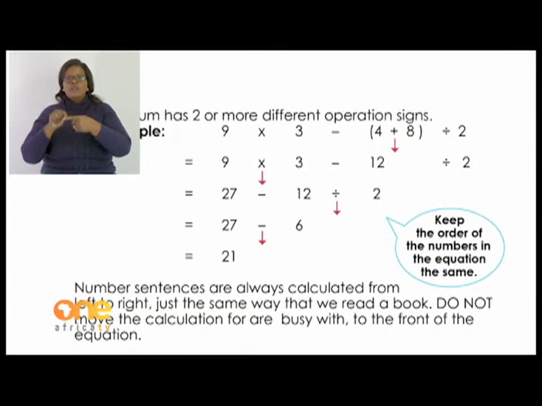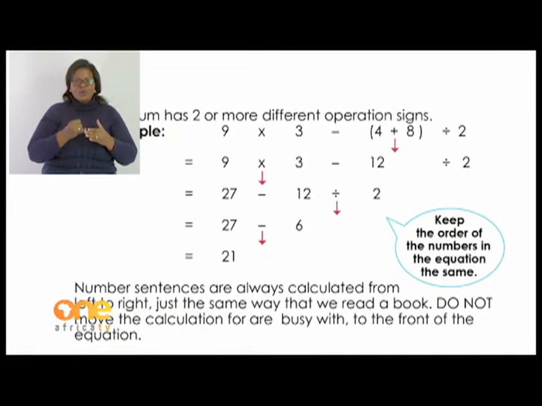We continue. Still according to BODMAS, so the next operation will then be division. So I rewrite everything that I have there. 27 minus, and the answer to 12 divided by 2 is 6. And my last step is when I finalize my operation.